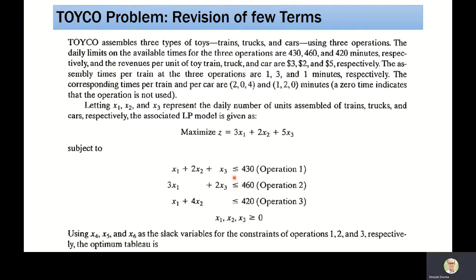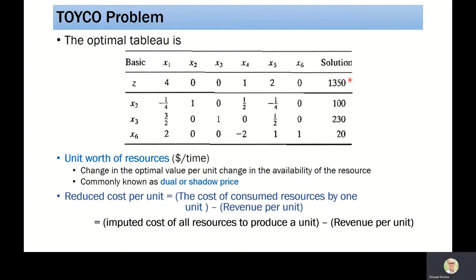Since it is a three variable problem, in order to solve using the simplex method, we add three slack variables to these constraints. When we solve this problem using the simplex method, we get the following optimal simplex table.